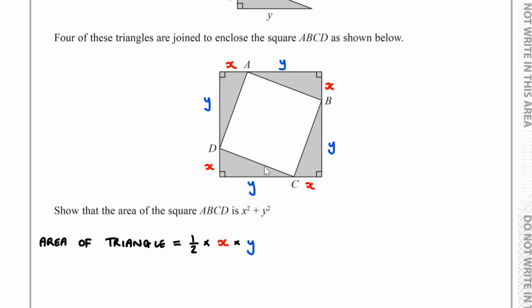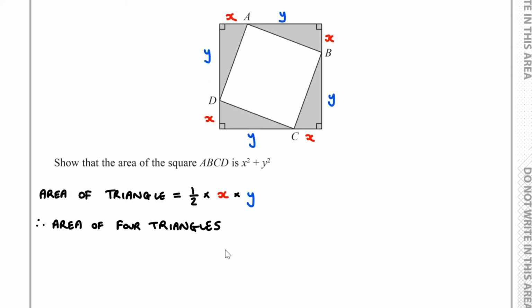Now we've got 4 of those triangles, so therefore the area of 4 triangles, we're going to have 4 lots of 1/2 xy, which is equal to 2xy.